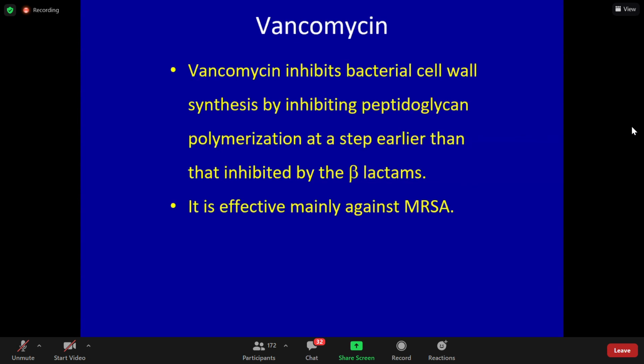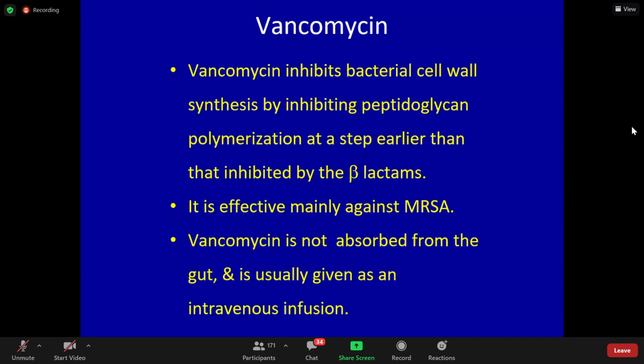So all beta-lactams become ineffective against MRSA. In that situation, when the mechanism of resistance is due to change in the structure of PBPs, vancomycin is effective because vancomycin does not require PBPs. Is that clear? So vancomycin is reserved. It's a treasure. You just keep it in the locker. Don't use it injudiciously. It is a very, very effective drug against MRSA.